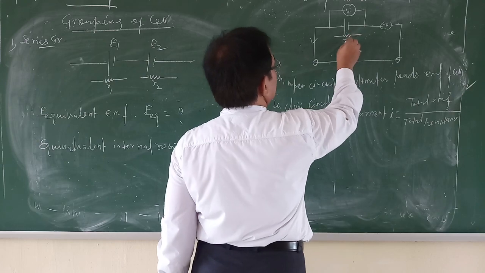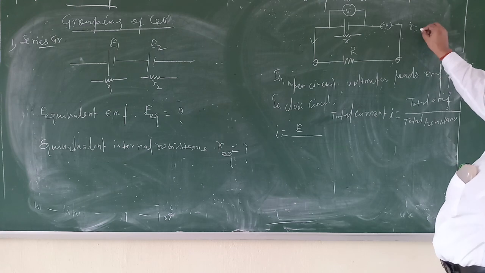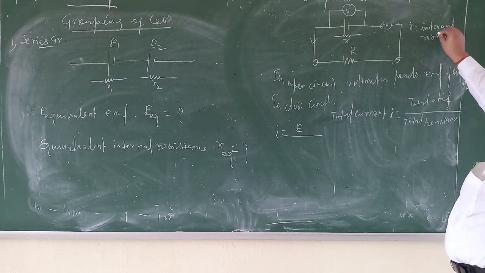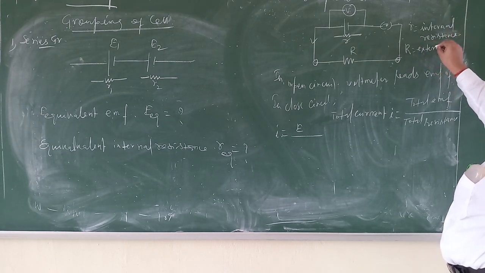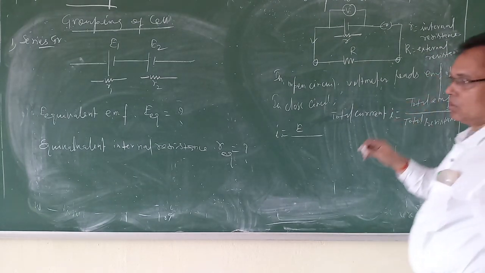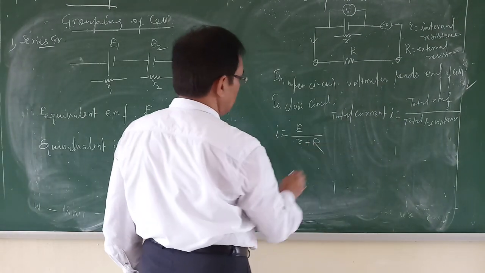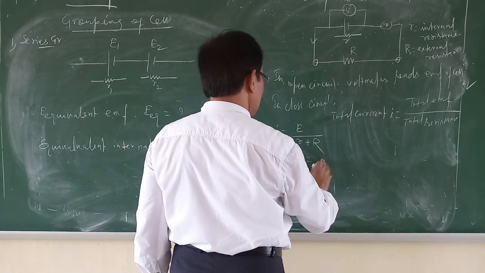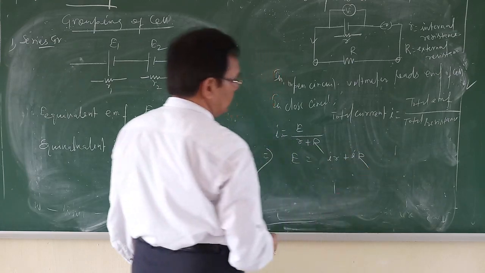Internal resistance is represented by small r, and capital R is the external resistance. So I equals E by small r plus capital R. Therefore E equals IR plus Ir.